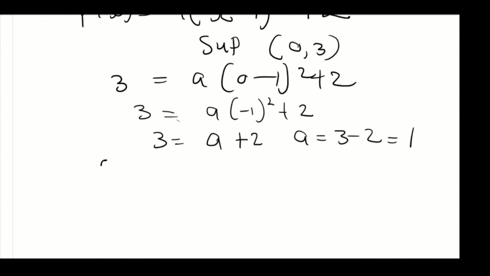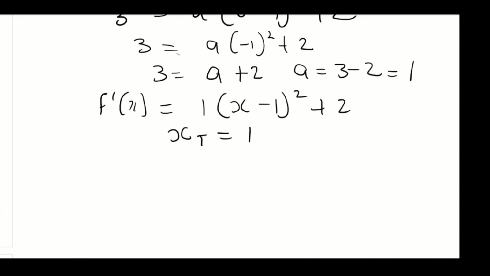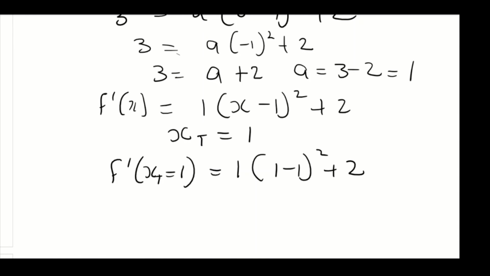Then f prime of x equals 1 times (x minus 1) squared plus 2. Substituting x equals 1: f prime of 1 equals 1 times (1 minus 1) squared plus 2. 1 minus 1 gives 0, so we have 0 plus 2, which equals 2. This is the gradient of your tangent.